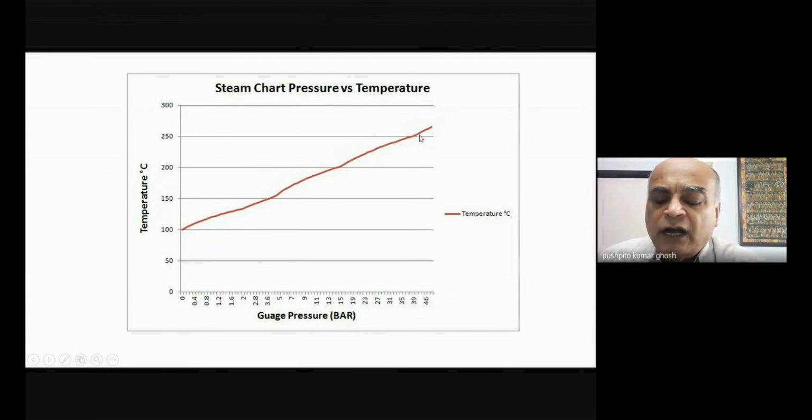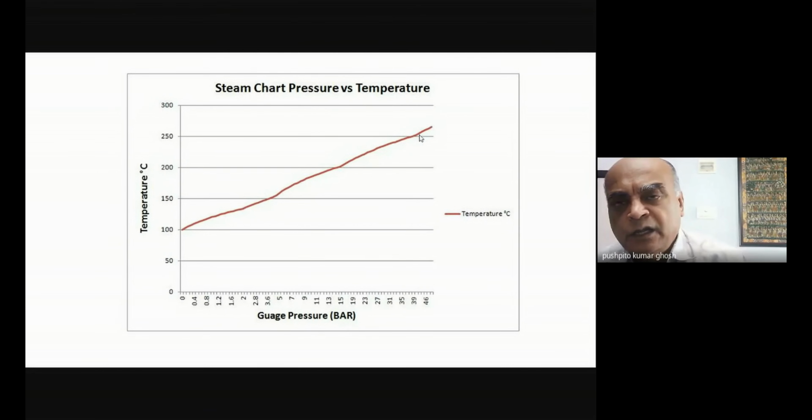So naturally the pressure and temperature are correlated. When you are producing steam from water under atmospheric pressure, which is 1 bar pressure, as we know, effectively the boiling point is 100 degrees centigrade.